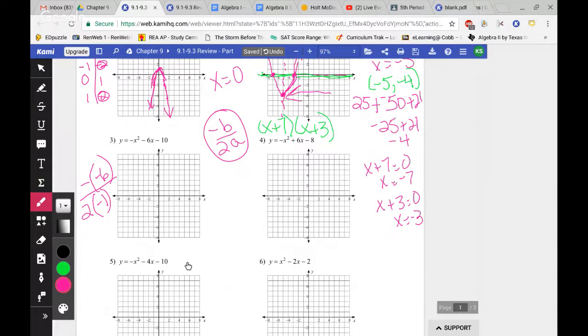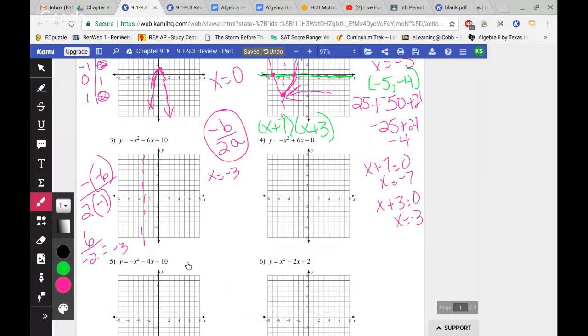Okay, so 6, because the opposite of negative 6 is positive 6. And then 2 times a negative 1 is negative 2. So the axis of symmetry and the x-coordinate for this graph is x equals negative 3.